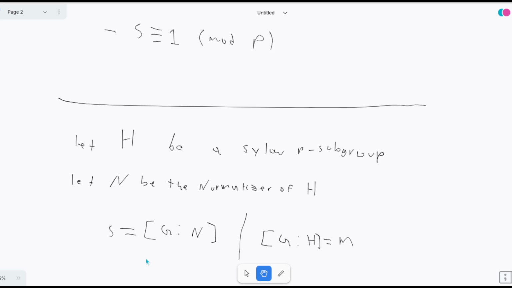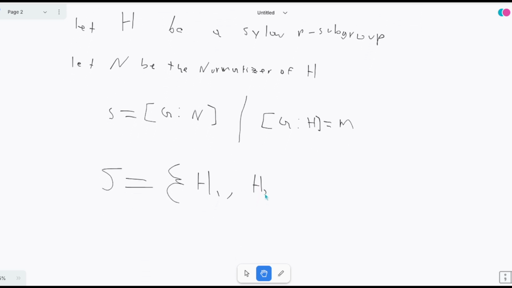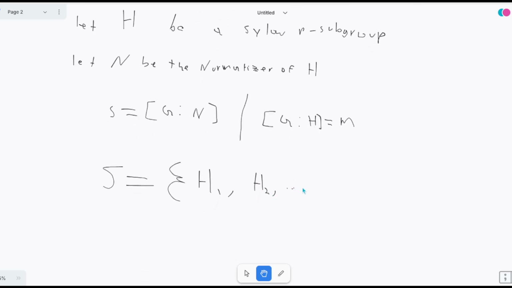Now, to show this, we have a set of the Sylow subgroups, all of which are conjugate to each other.